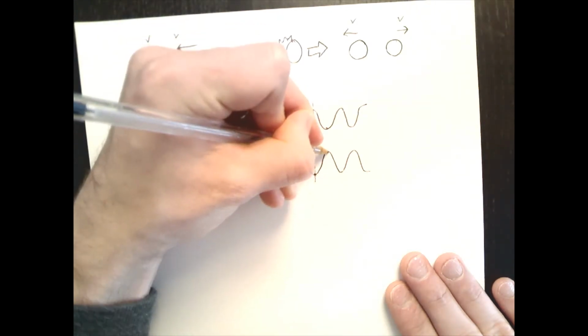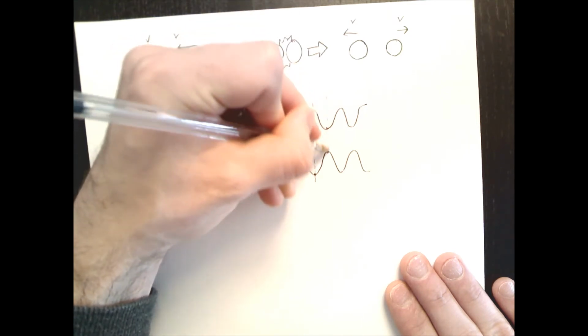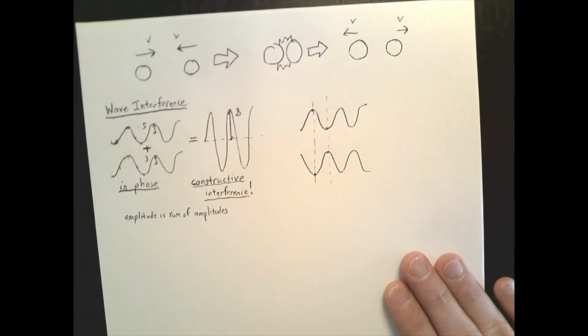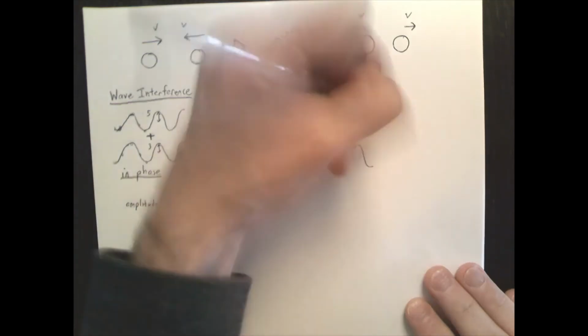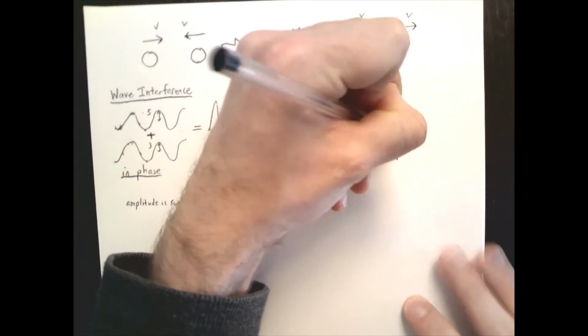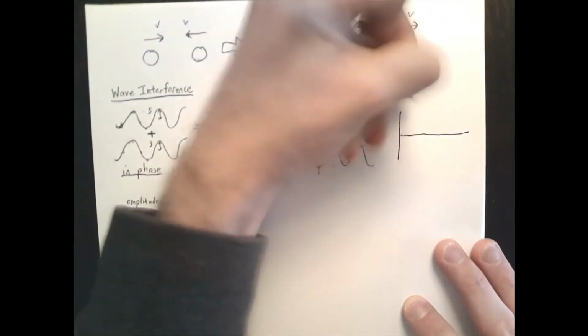And whenever our first wave is down, the other one is up. So we're still going to add point by point along the length of the wave, but because they're oppositely aligned, one is positive, the other is negative, and if these amplitudes are the same, we get complete cancellation.